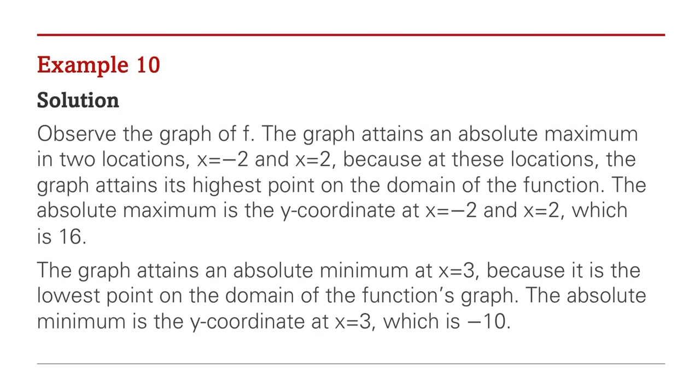The absolute minimum value is the y coordinate at x equals 3, which is -10. I don't like the way they word that. The absolute minimum value is -10 when x is 3, right? So anyway, we have it. It's just the way they articulated that was kind of weird to me.